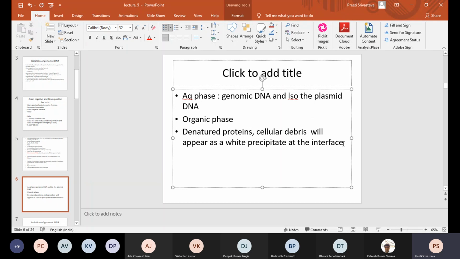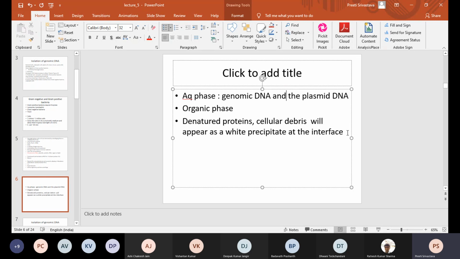Now we have reached a level where we have separated proteins, RNA, cellular debris, and also carbohydrates and lipids. In the aqueous phase we have chromosomal DNA and the plasmid DNA. So the question is how to separate the chromosomal DNA from the plasmid DNA.